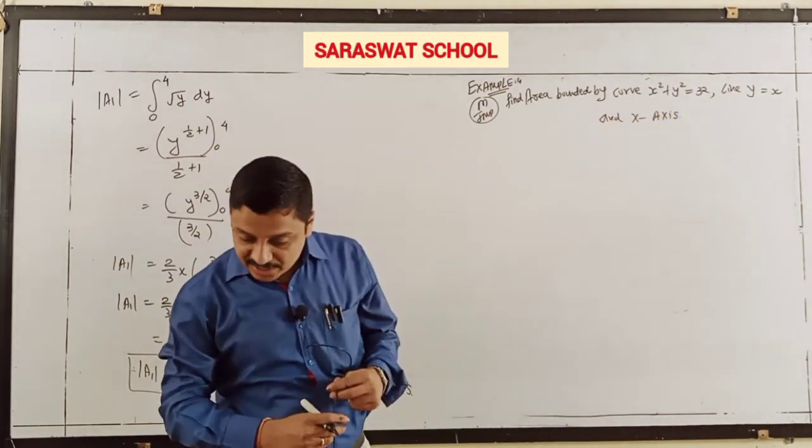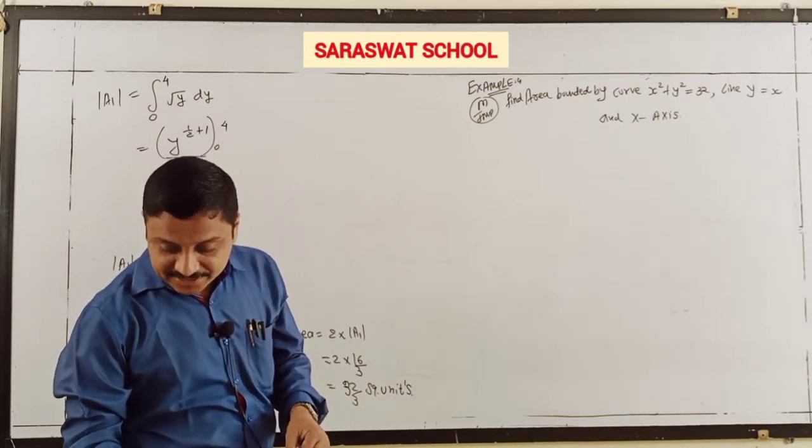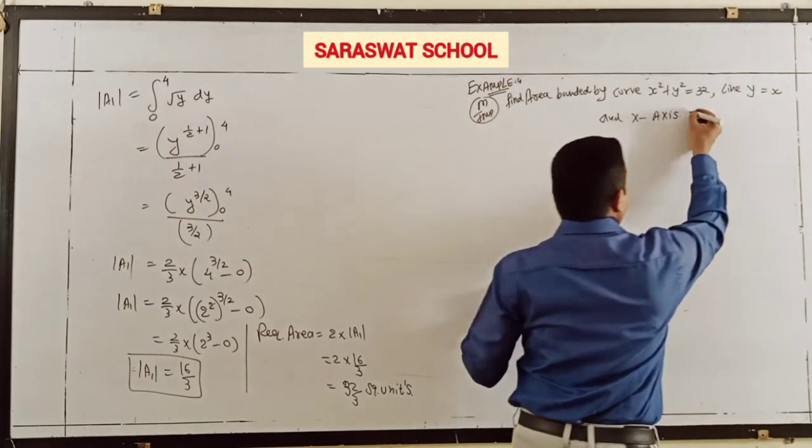Yes, check the question one more time: x square plus y square is 32, line y is equal to x and x axis in first quadrant.